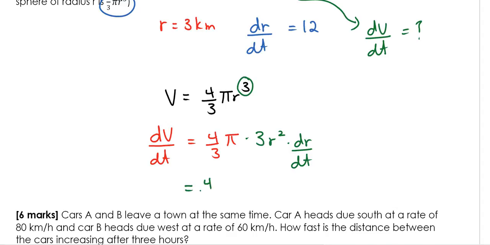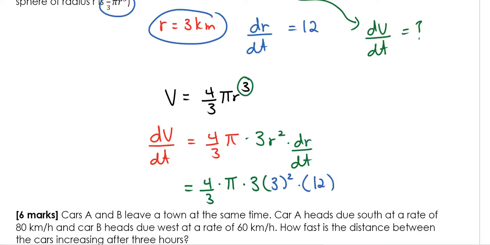This is 4/3 times pi times another 3. And what's the radius here? Well, we've already found the radius in the problem. It's going to be 3 kilometers, so this will be 3 squared, and dr by dt is going to be 12. After that, I just go to my calculator and then I can find my final answer here.